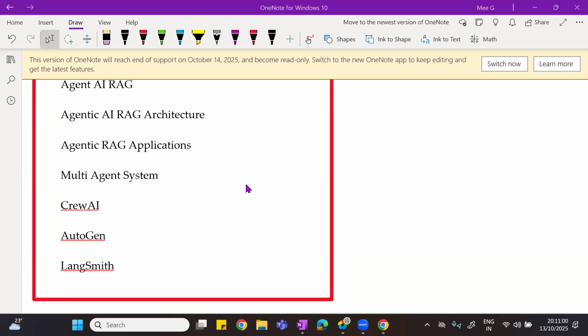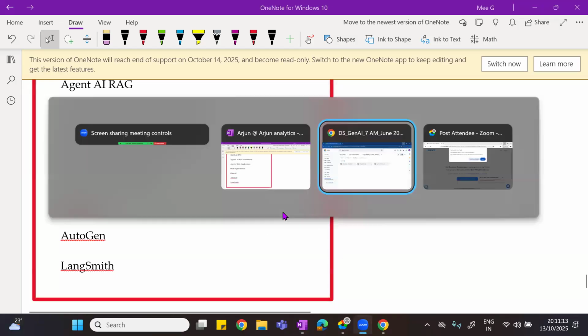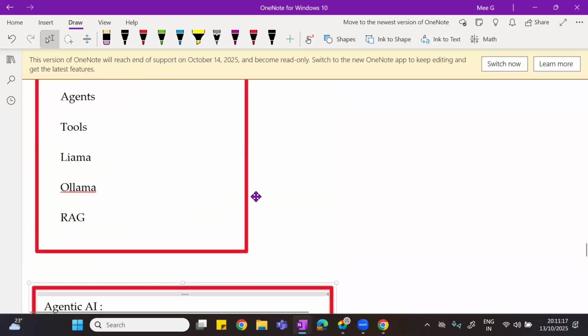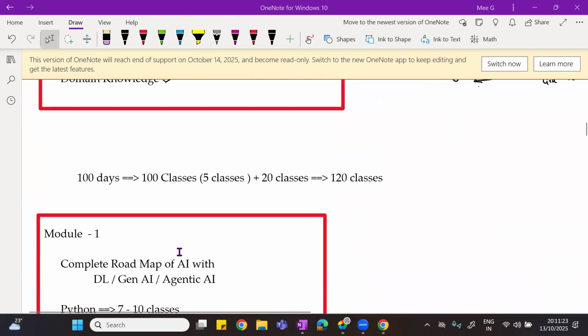I'm talking about the Sheikh's answer over here. 4 days, I didn't say 4 days, I think so. I said 7 to 10 days.